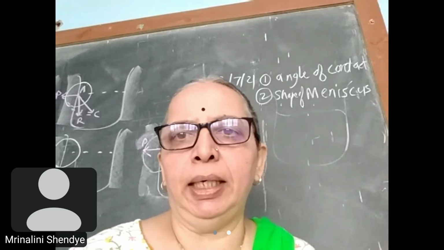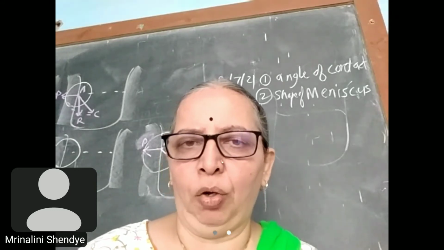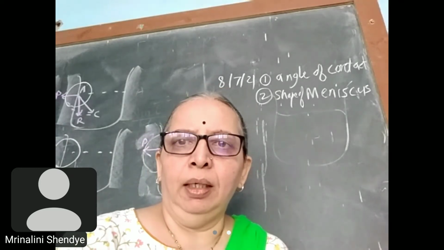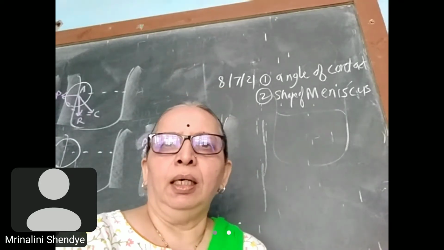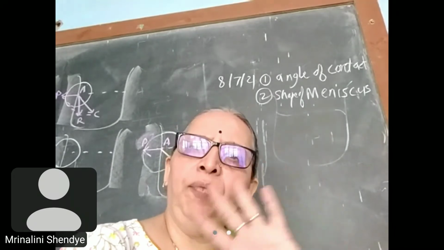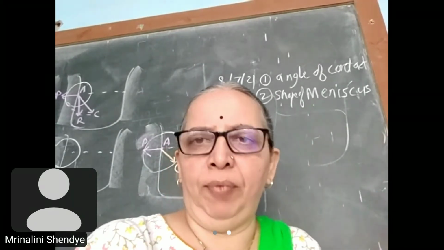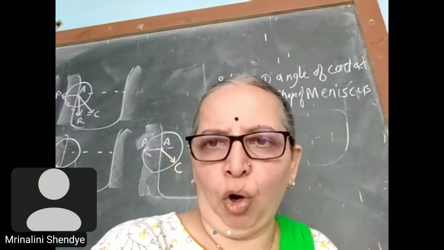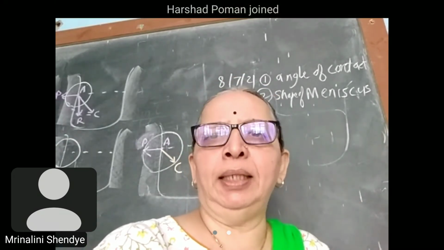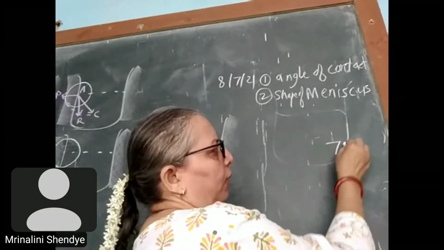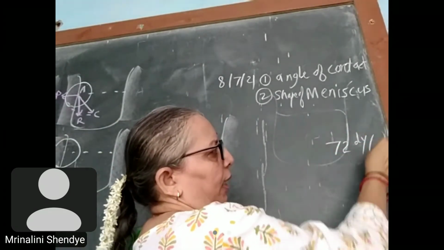Yesterday we studied surface tension phenomenon. This surface tension of the liquid is dependent on various factors. Suppose you take water at normal temperature and pressure condition, its surface tension is 72 dyne per cm.